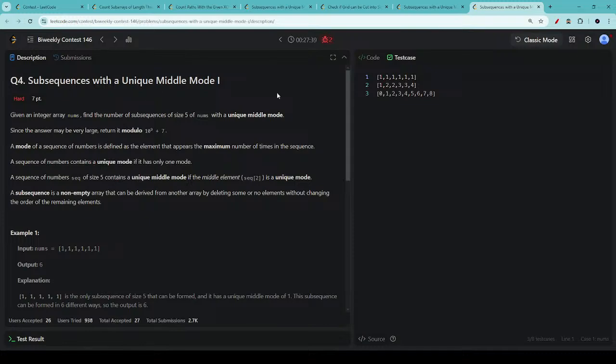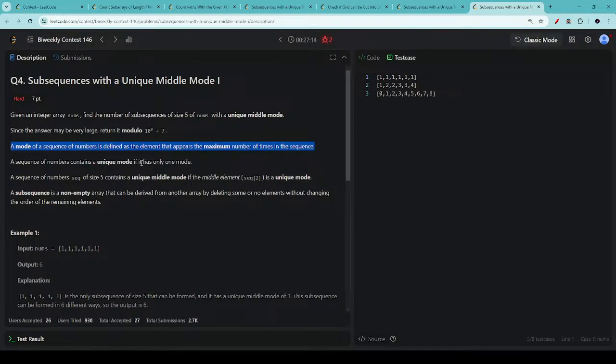Sorry about that segue. Subsequences with a unique middle mode I. Given an integer array nums, find the number of subsequences of size 5 of nums with a unique middle mode. Since the answer can be very large, blah blah blah. Oh, don't get jacked by this. I lost 5 minutes to this just now. A mode of a sequence of numbers is defined as the element that appears the maximum number of times in a sequence.